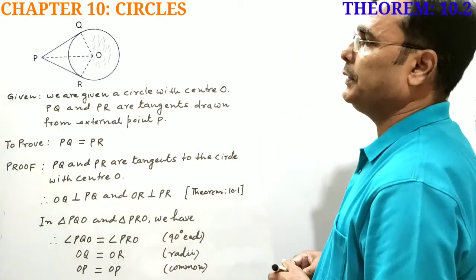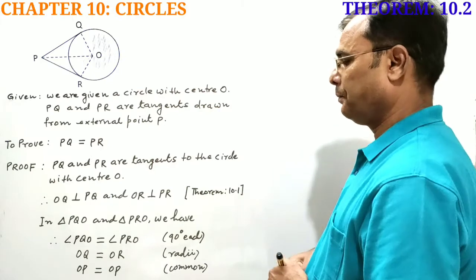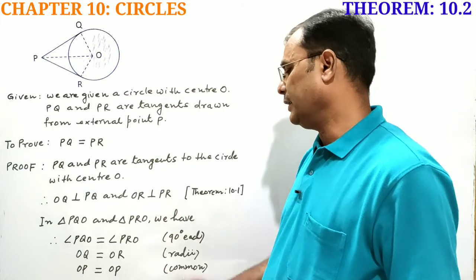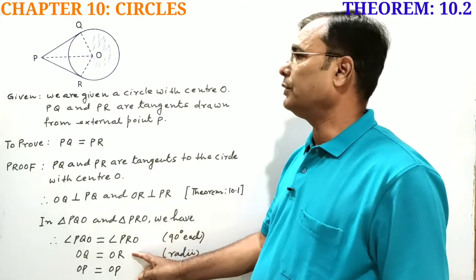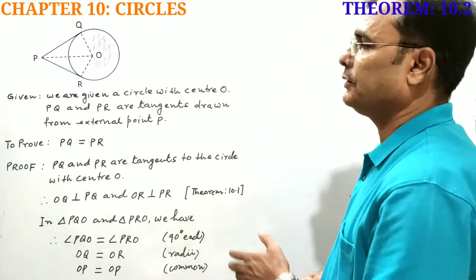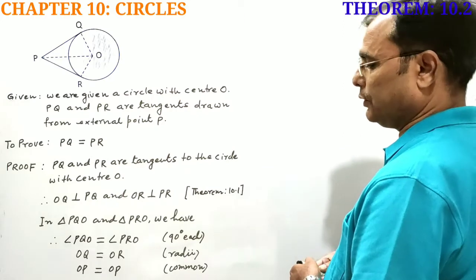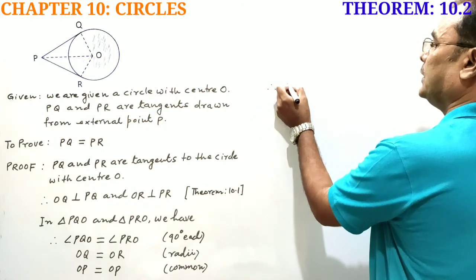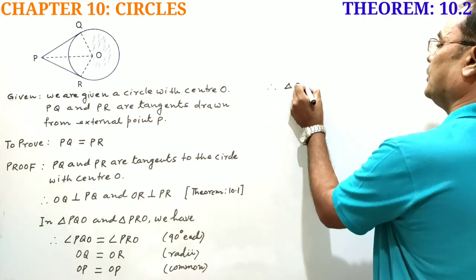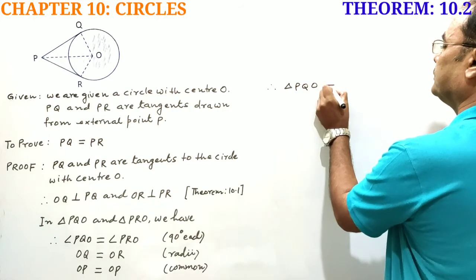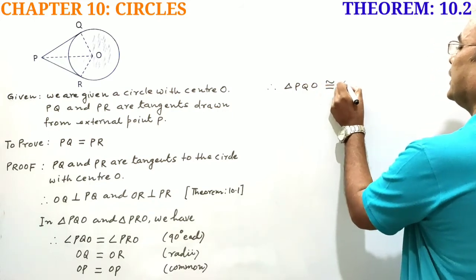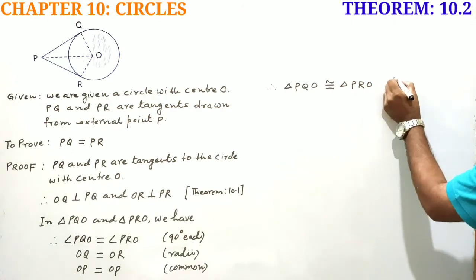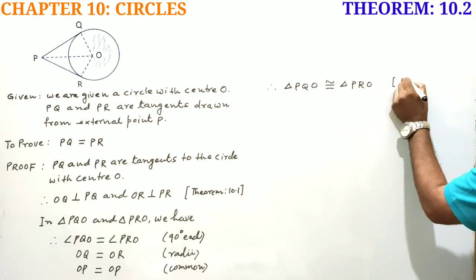So in triangle PQO and PRO, angle PQO is equal to angle PRO, 90 degrees each. OQ equal to OR, radii of the same circle, so they are equal, and OP equal to OP, common side. Therefore, triangle PQO is congruent to triangle PRO by RHS congruence rule.